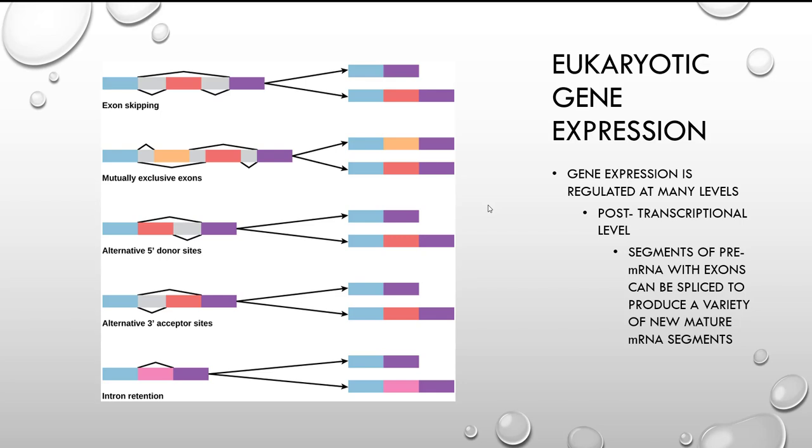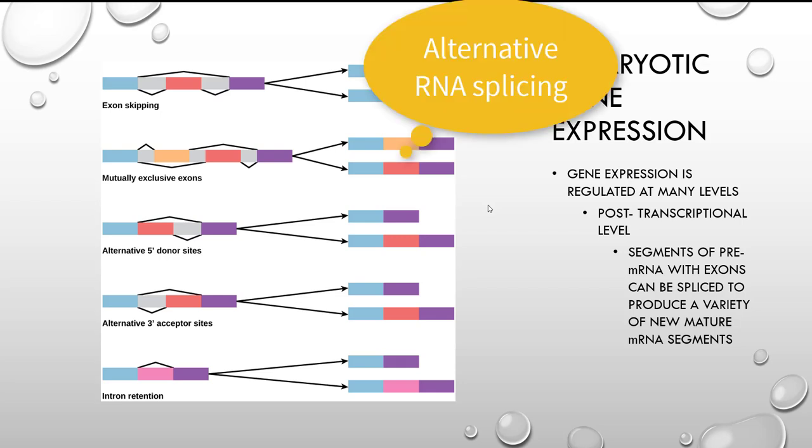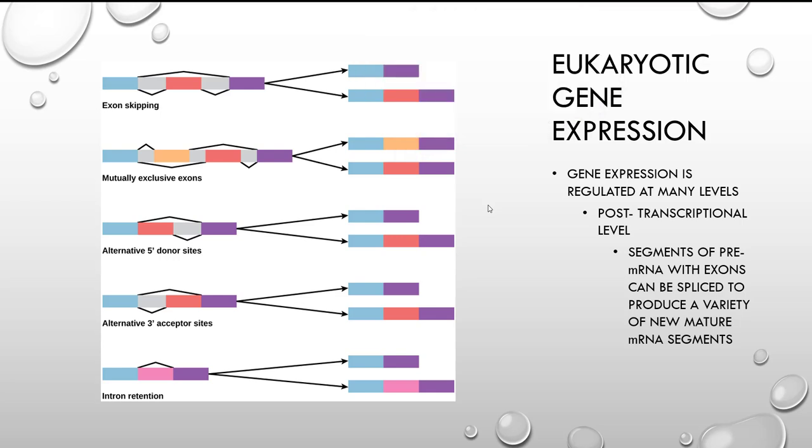But the way that they get spliced out, we can actually have pieces of the exons get spliced out as well, or, you know, different ways things can get spliced together. So this was first discovered in the 1970s, and it's basically what we call alternative RNA splicing. So there are different mechanisms involved with how the splicing combinations go. So there are different combinations of introns that are removed from the transcript.